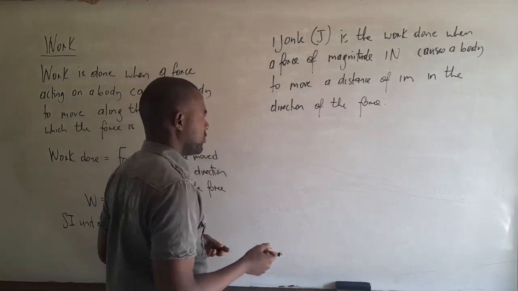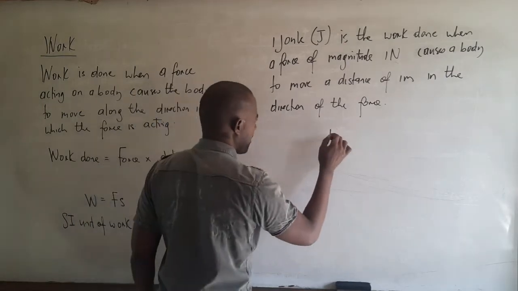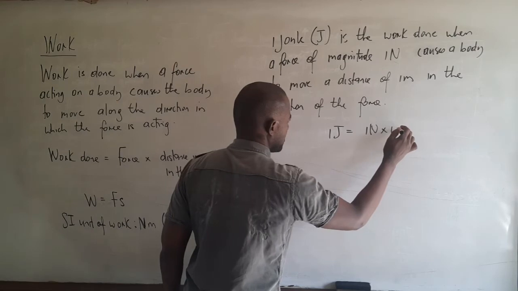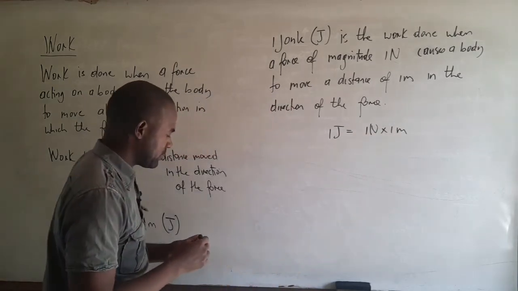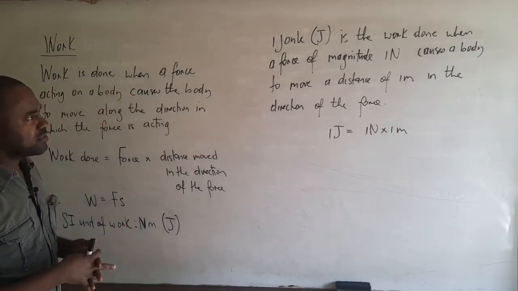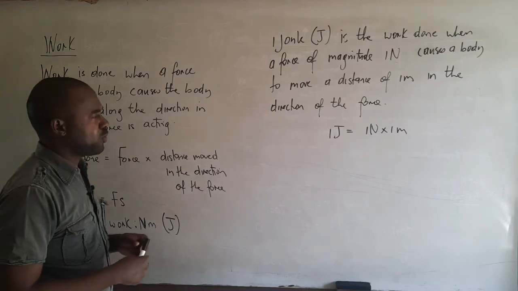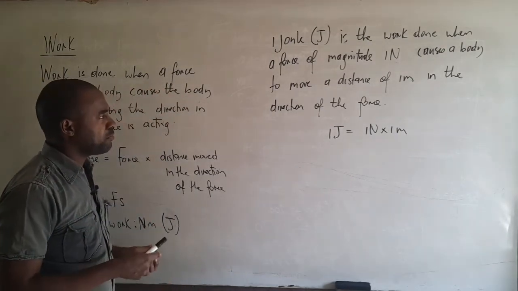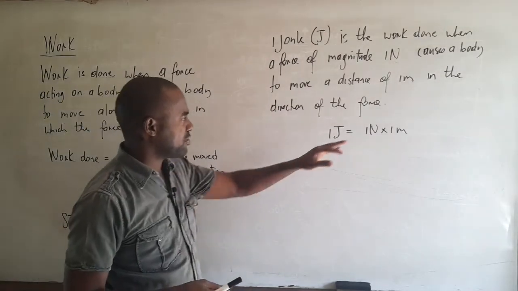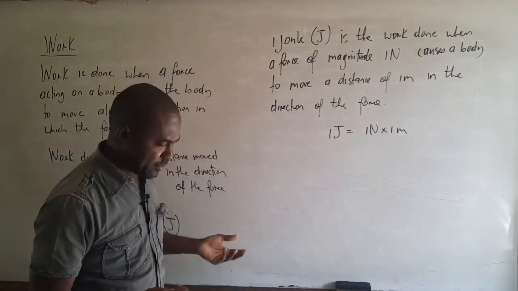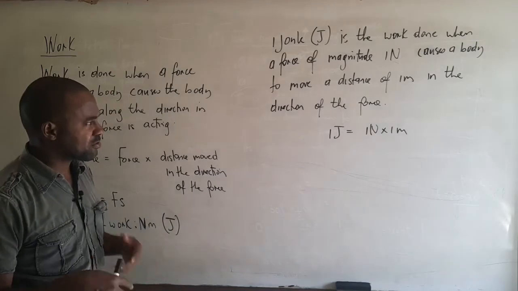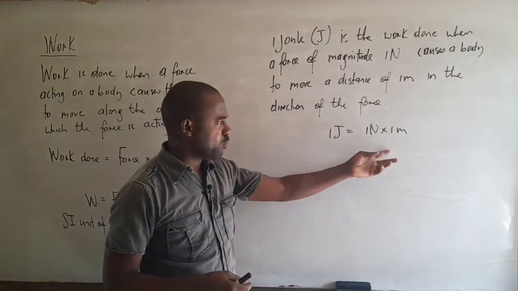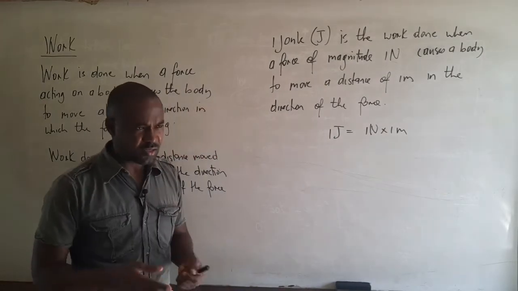Right? So we can say that 1 joule is equivalent to 1 Newton times 1 meter. Alright? So 1 joule is the work done when a 1 Newton force causes a body to move a distance of 1 meter in the direction of the force, or along the line of action of the force. Right? So 1 joule is equivalent to 1 Newton meter, or 1 Newton times 1 meter.